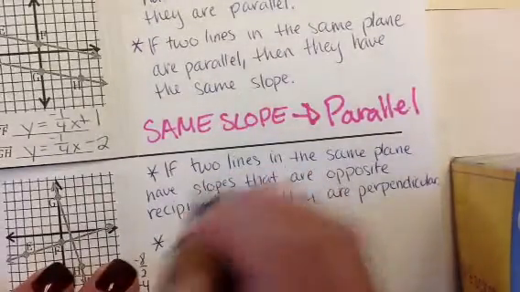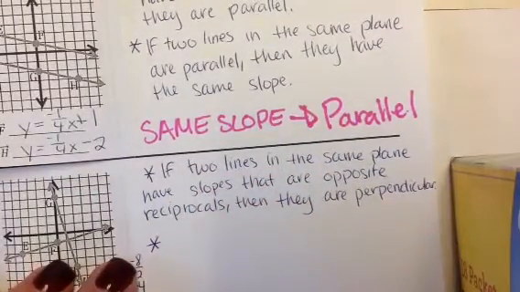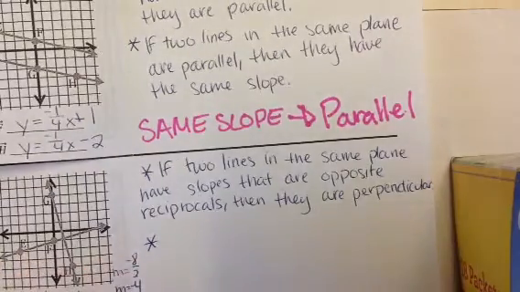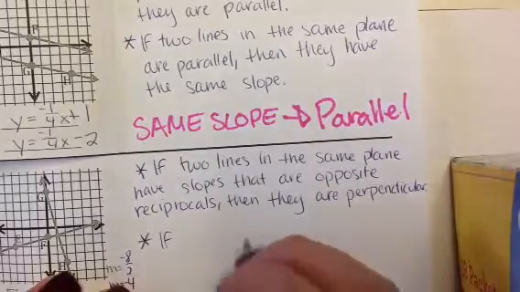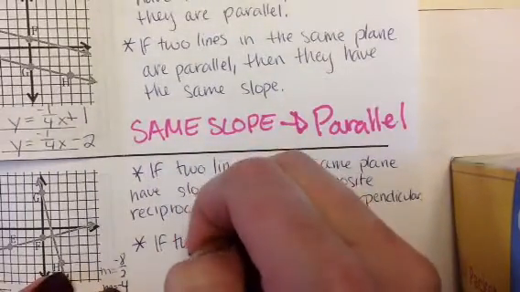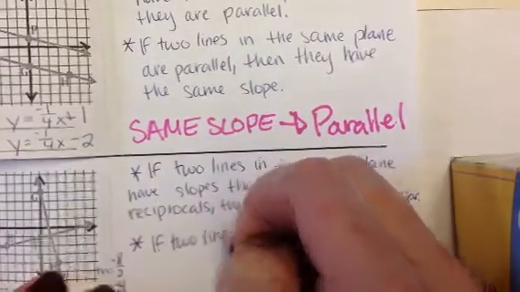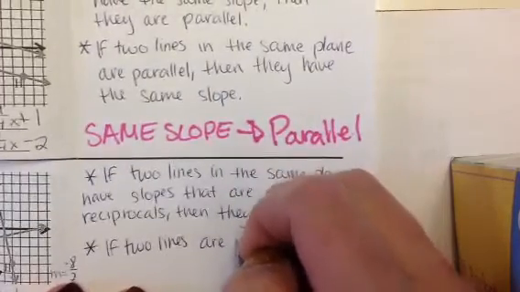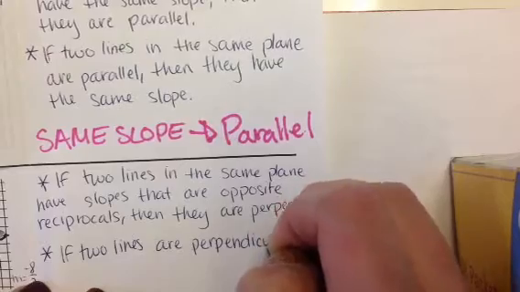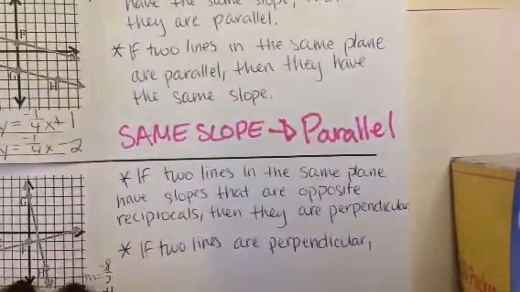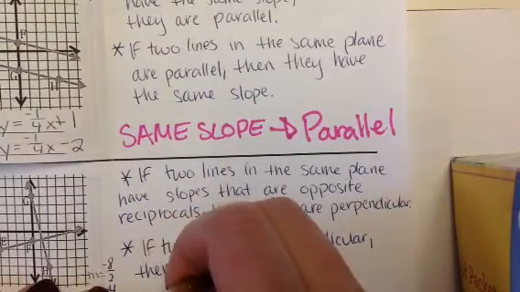So the converse of this statement, if two lines in the same plane have slopes that are opposite reciprocals, then they are perpendicular, is also true. If two lines in the same plane are perpendicular, then their slopes are opposite reciprocals.